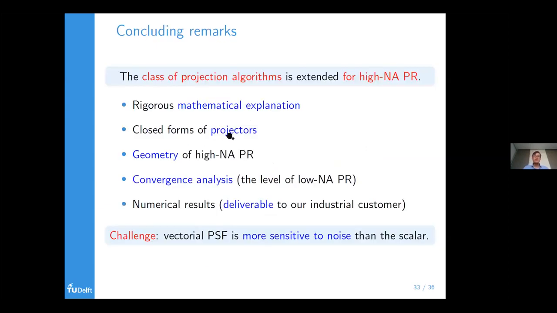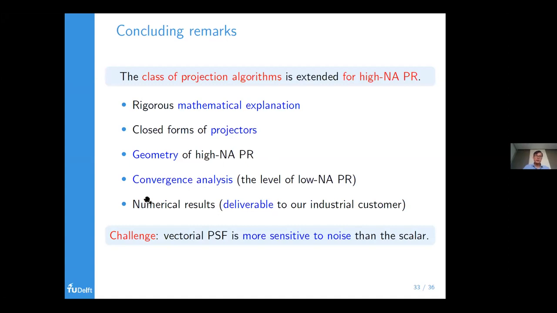So in summary, we have extended the class of projection methods from scalar phase retrieval to vector phase retrieval, and we explain and analyze many theoretical aspects of this solution approach, and all the non-convergence results for scalar phase retrieval can be extended to vector phase retrieval.